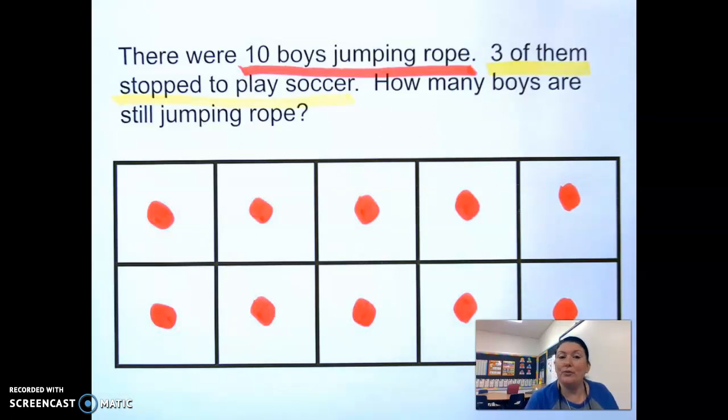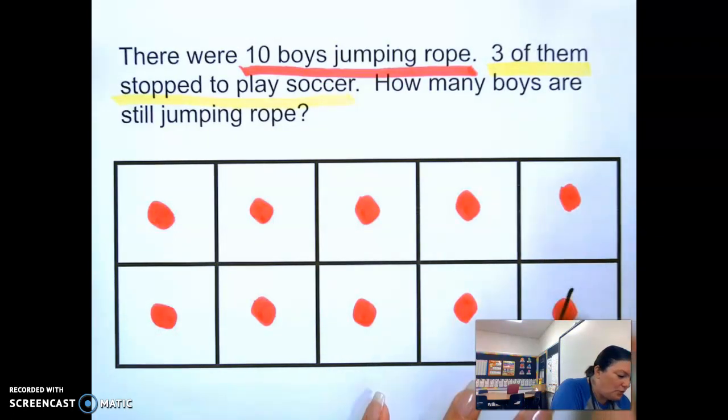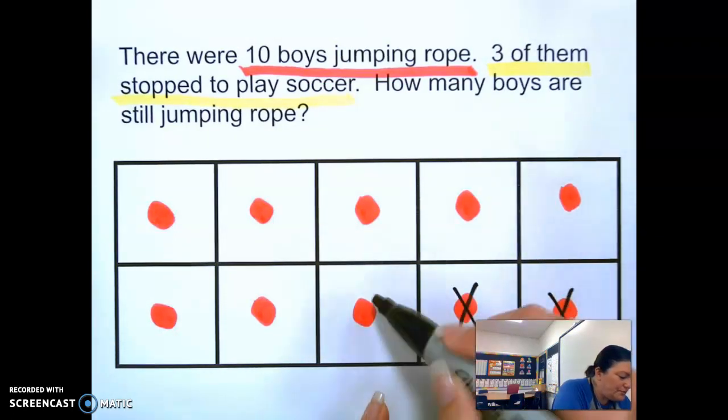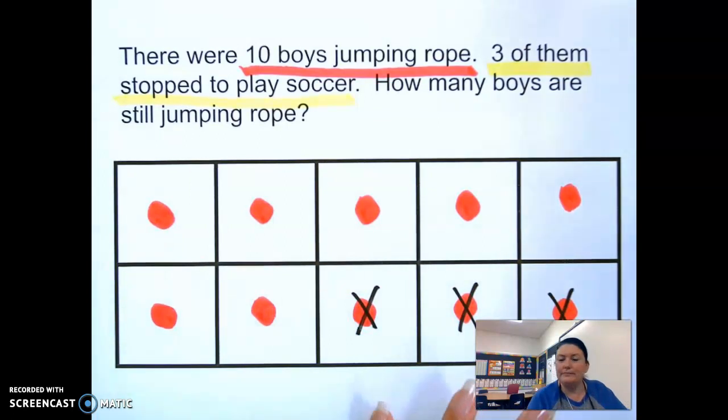Remember, 3 of those boys stopped to play soccer. 1, 2, 3. How many boys are still jumping rope? You're right. The answer is still 7 because nothing changed other than the way that we showed our representation.